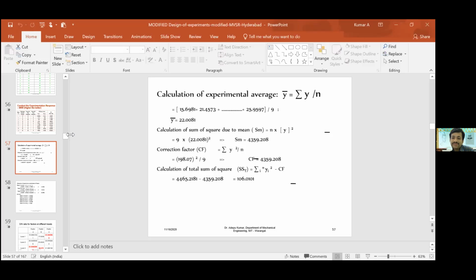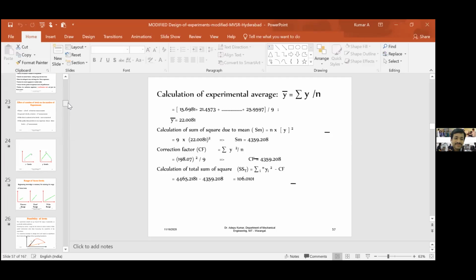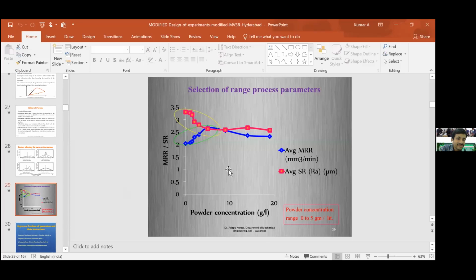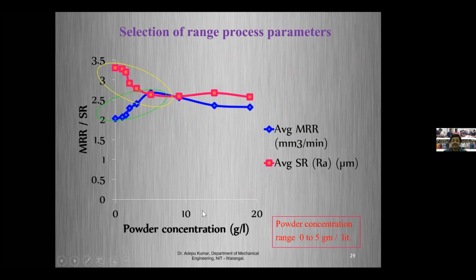So I am showing the graph. Here the powder concentration is varying, with MRR or surface roughness on the y-axis. If I increase the powder concentration, performance goes on increasing to a certain level and then decreasing. Same thing for surface roughness: it decreases to a certain level and then increases.